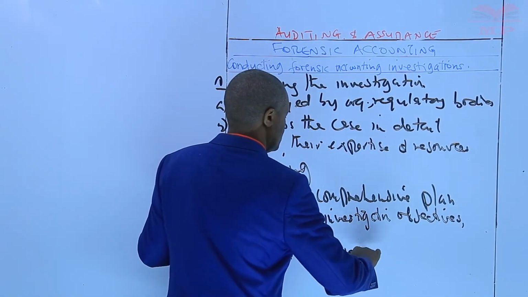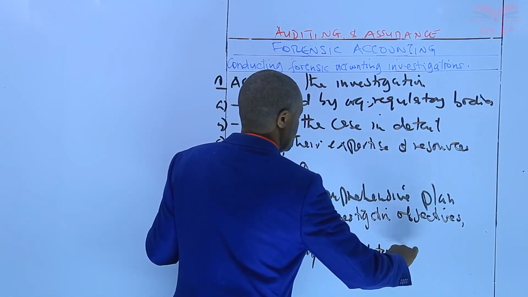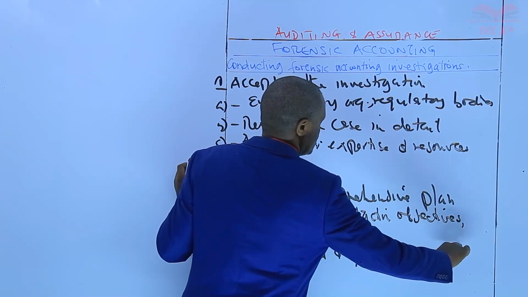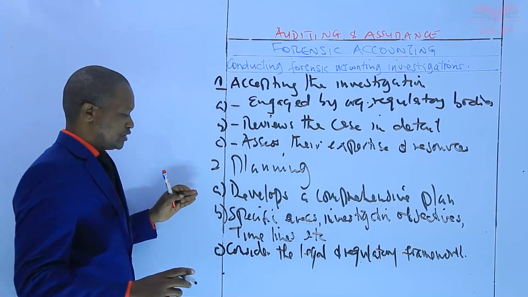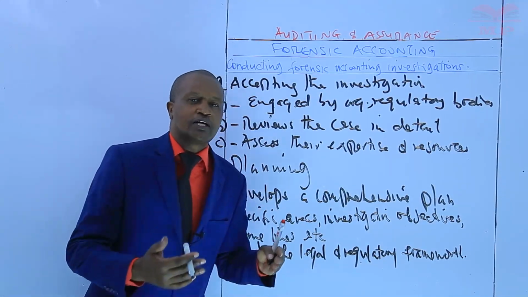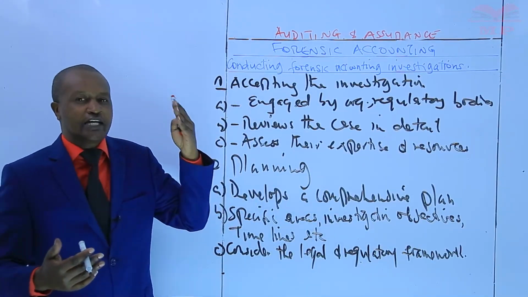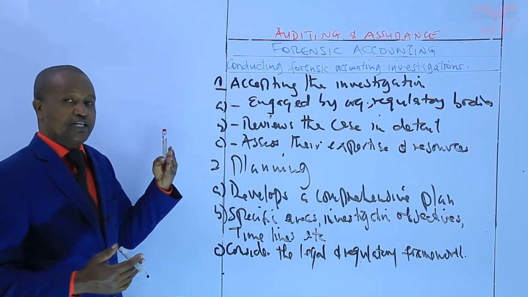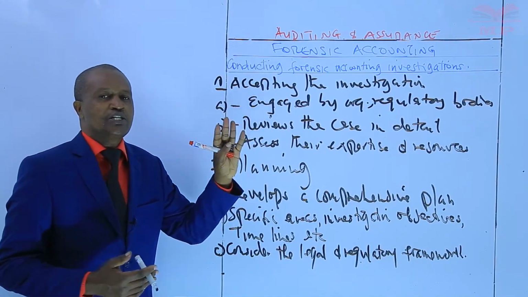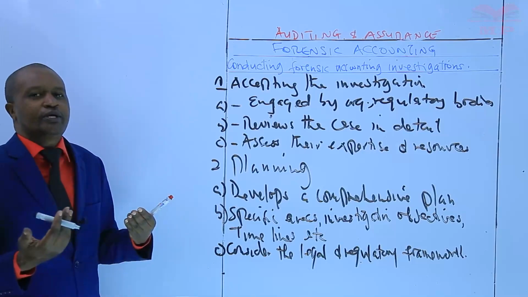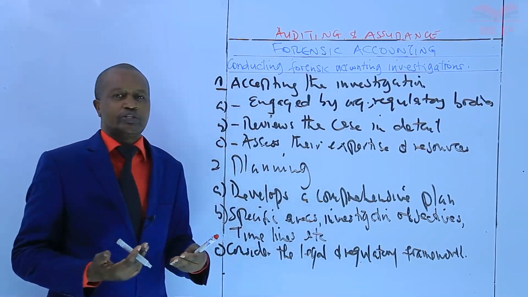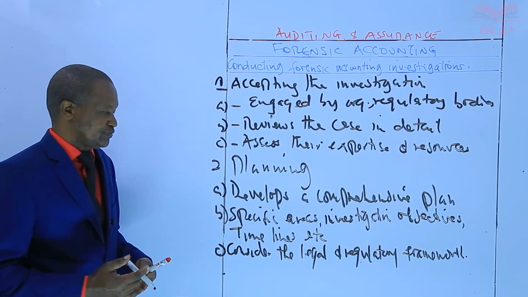The forensic accountant should consider the legal and regulatory framework relevant to the case, as well as any potential challenges or constraints that he or she may encounter during the investigation.